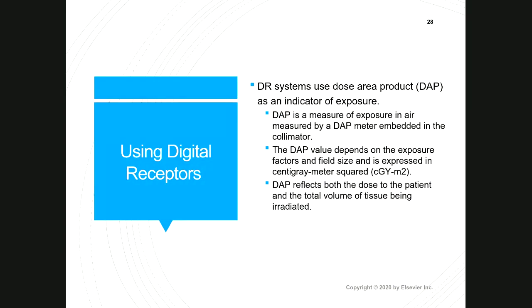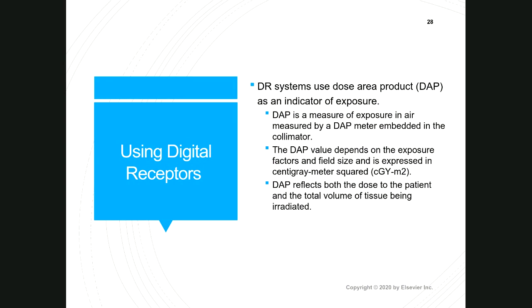With a DR system, they use what's called a dose area product or a DAP meter, and that indicates the exposure as well for the DR systems. But the DAP meter is actually a measurement of exposure in air, and that DAP meter is found in the collimator.